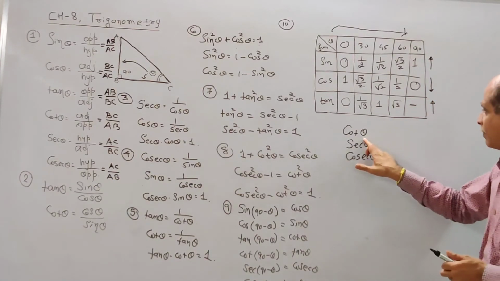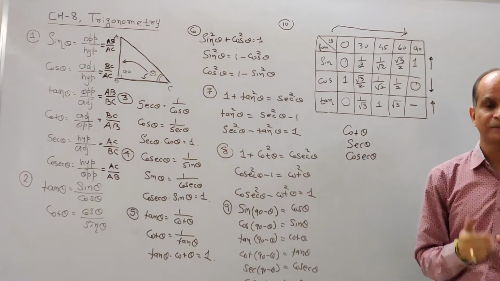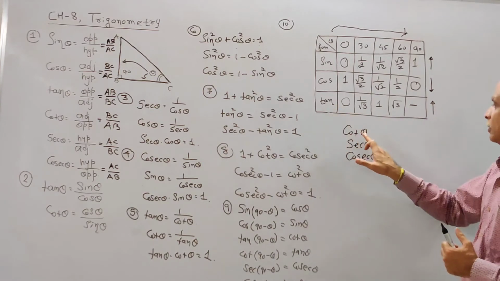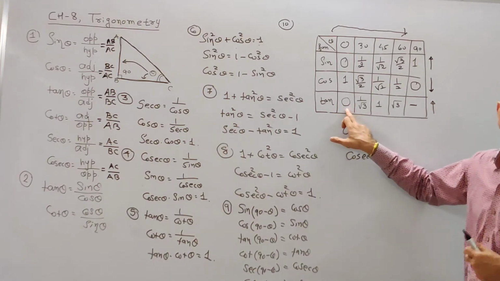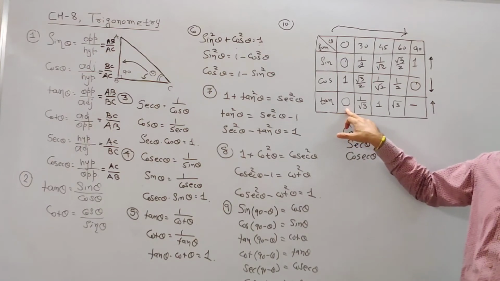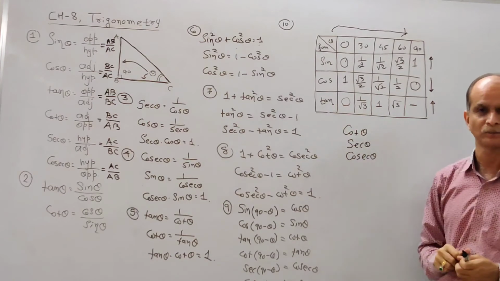You know cot theta means inverse of tan theta. So here you have to write cot 0 means inverse of tan 0, which is 0 upon 1, inverse means 1 upon 0, which is not defined.